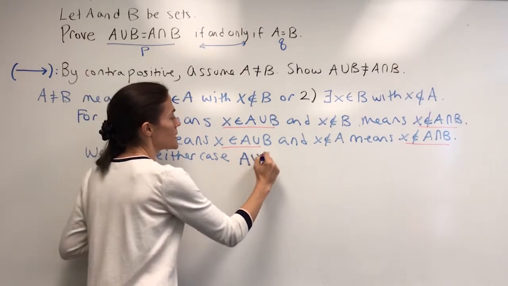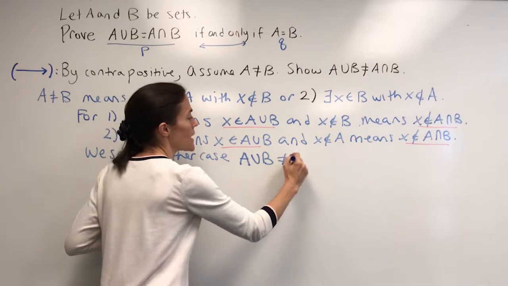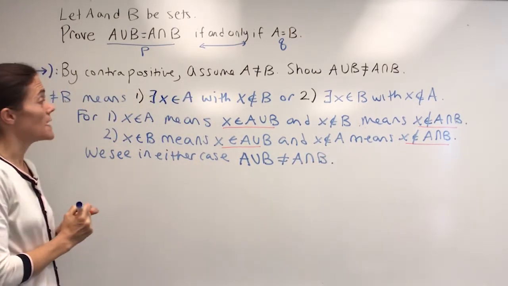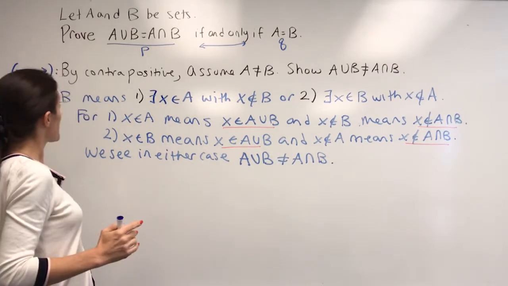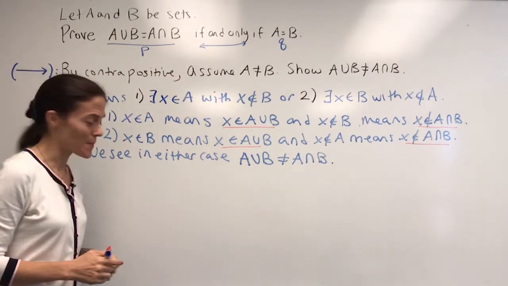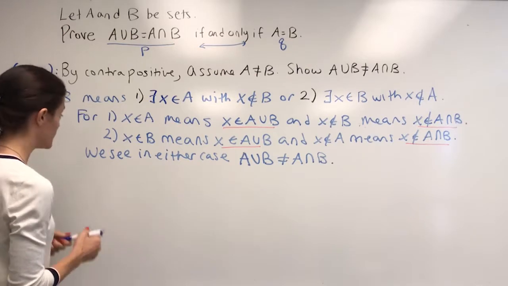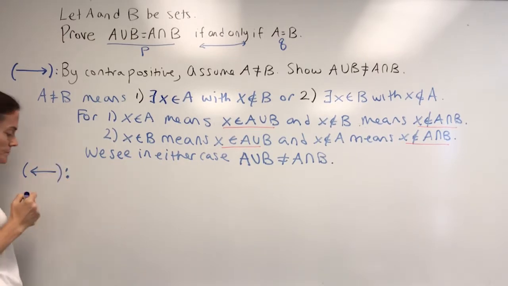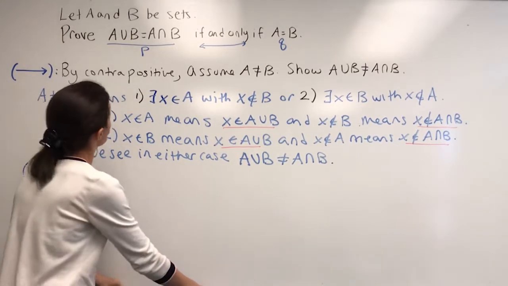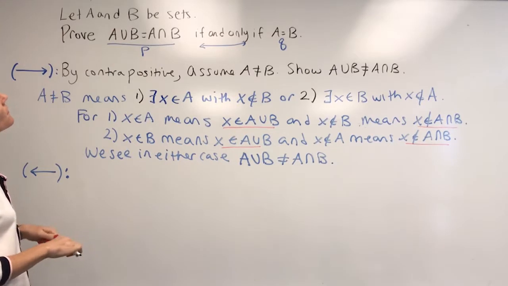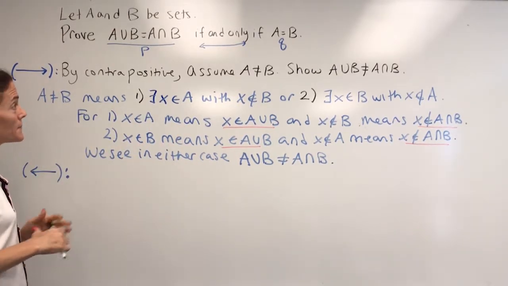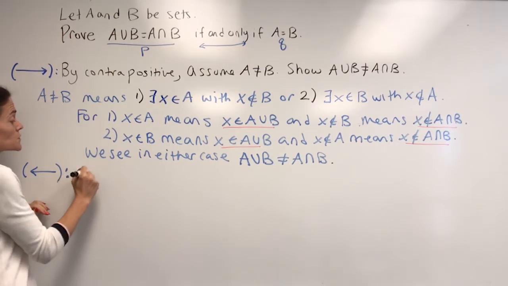A union B is not equal to A intersect B, and this is the contrapositive. So we have shown this direction by contrapositive. So now I need to do the other direction. This is Q implies P, okay? And we will do this one directly.